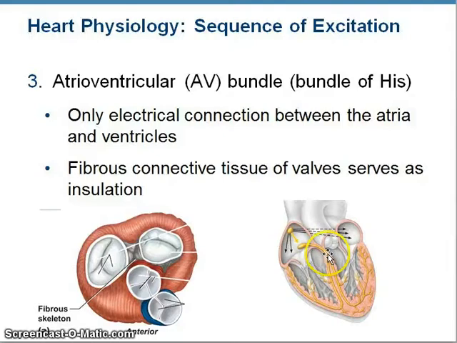So that is this part right here, which electrically couples the atria to the ventricles. You should remember that here and here on the outside surfaces of the heart where the atria meet up with the ventricles, there's some connective tissue that prevents depolarization from spreading down the ventricle walls from the atria.